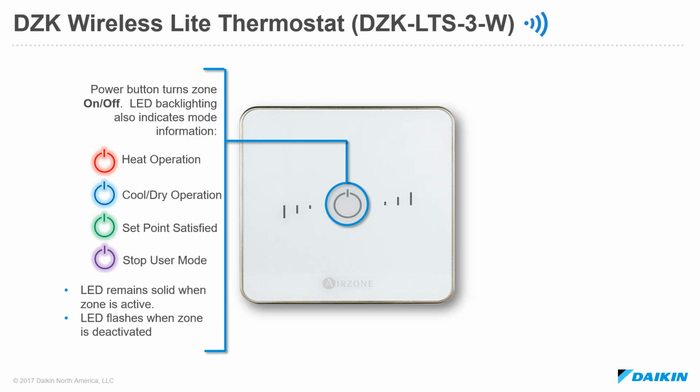The power button is used to turn on and off the zone, but this also indicates the operation mode of the DZK in the indoor unit. Similarly here, red will indicate heating operation, blue will indicate cooling operation, green just indicates that the set point has been satisfied and that fan coil is no longer energized as either cooling or heating. And this icon will also turn purple if the stop user mode is implemented.